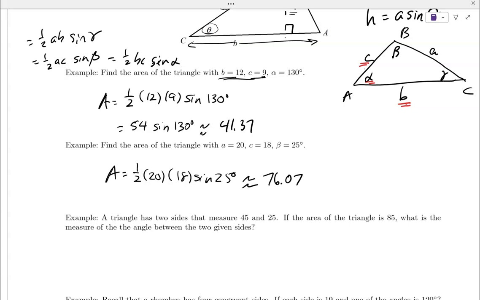85 equals 1/2 times 45 times 25 times sine of theta. Good. We good with that? How do you think we should attack this one?